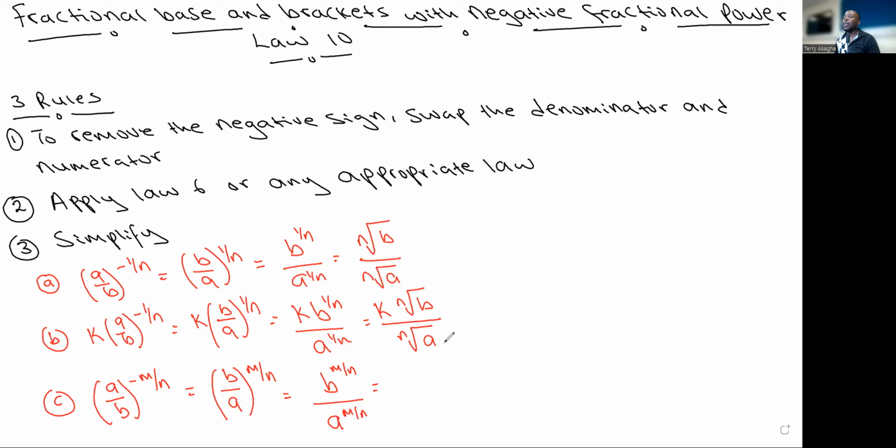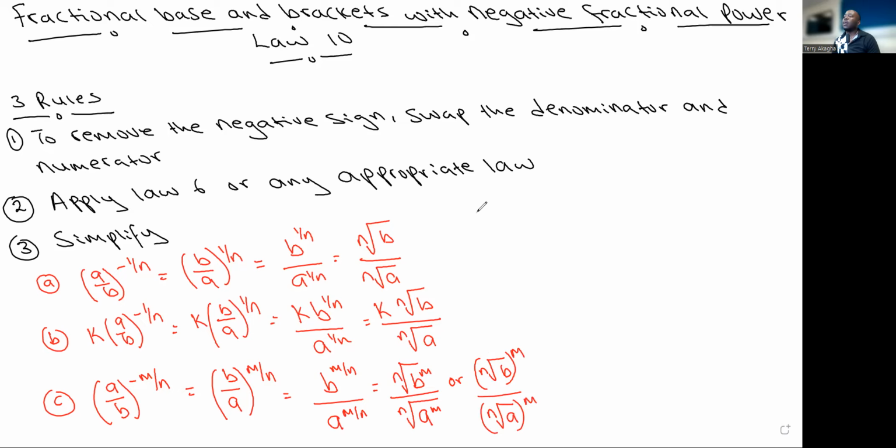Like I told you earlier, this is the same thing as saying either the nth root of b raised to power m over the nth root of a raised to power m, or the nth root of b all raised to power m divided by the nth root of a all raised to power m.